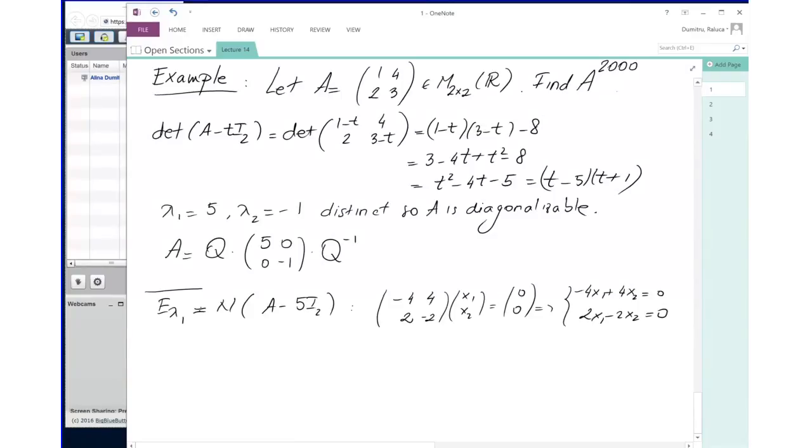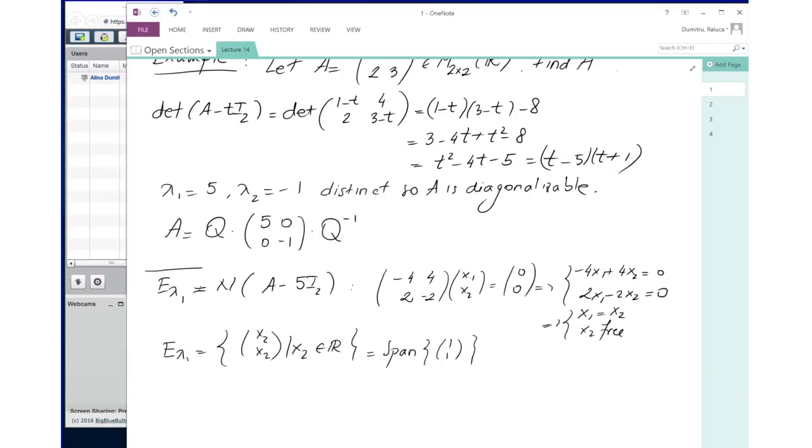So basically x1 equals x2, and x2 is free. So E lambda 1 is the set of vectors looking like this. So here's my first eigenvector. It is (1, 1). That will be the first column of the matrix Q, right? Because we put this eigenvalue 5 first on the diagonal.